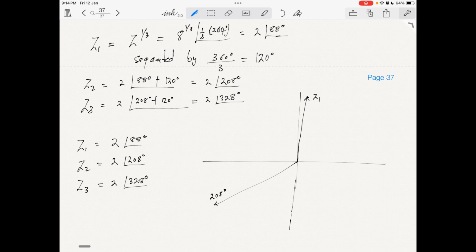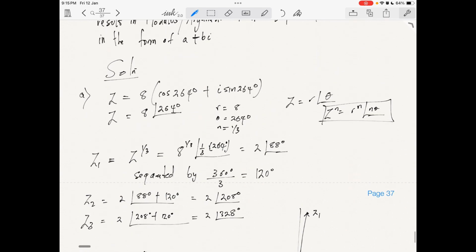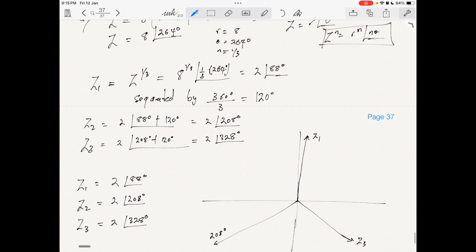And 328 degrees falls in the fourth quadrant, which is around here. So now we have been able to display the 3 cube roots on an Argand diagram. And that brings us to the end of the first question.